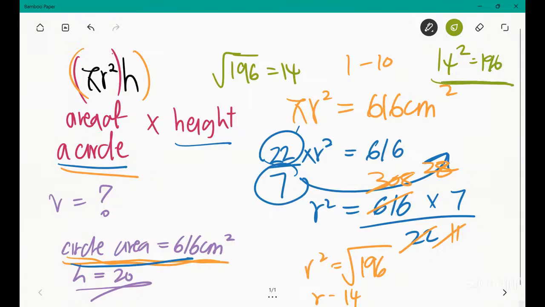If you don't get any of these numbers, your answer is wrong. You have to go back and check it, because if they give you the hint, somewhere this number should be there. If it's not there, you have to recheck your answer because it is completely wrong. That's why you are not getting that answer.